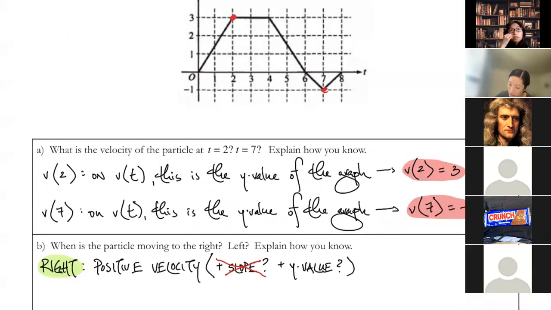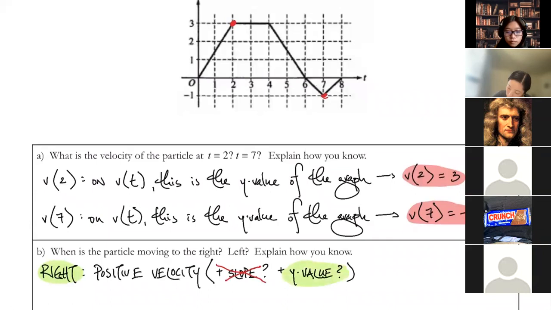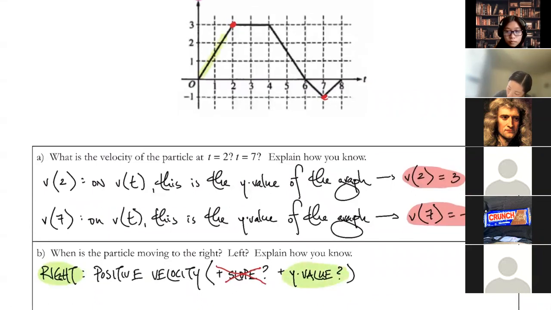And so on this graph, let's make sure we pick the right color here. We're looking for a positive y value. And so that would include everything that is up here, but it would not include at 0 and at 6, because at those places, what is the velocity at these two places?